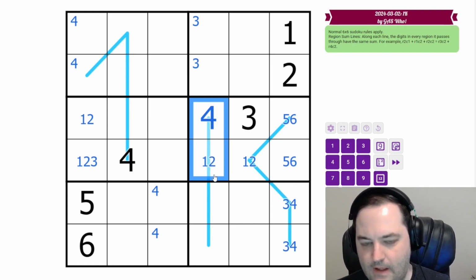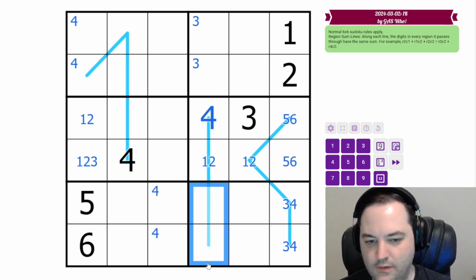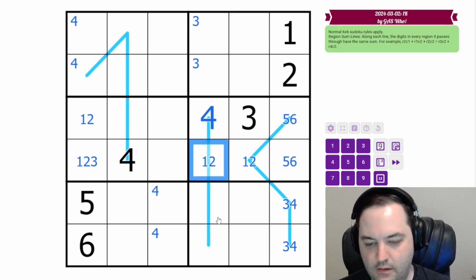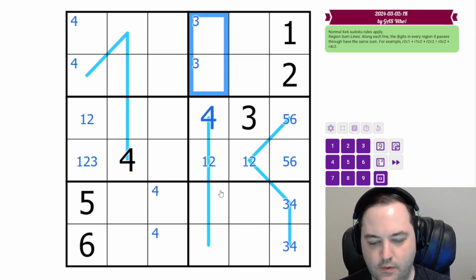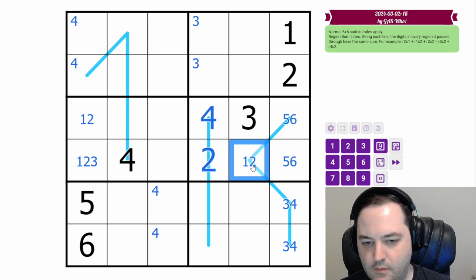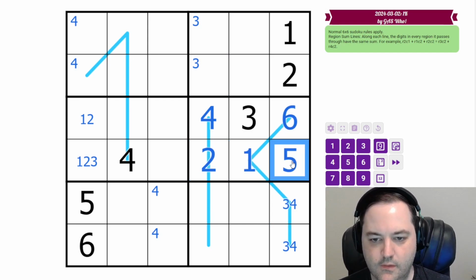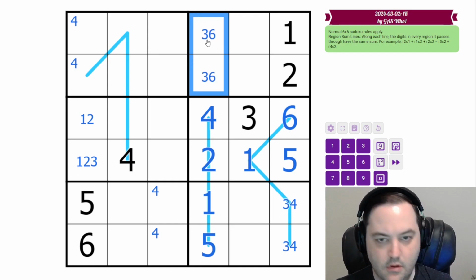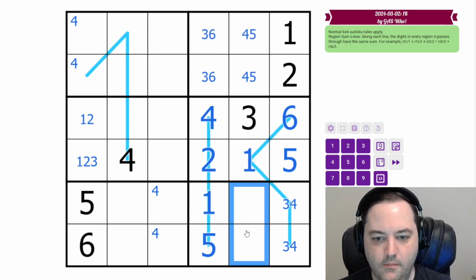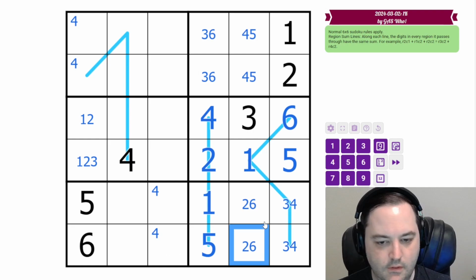If we had 5, 1, 4, this would have to be 2, 3, and we can't do that. We have a 3 in the box. This has to be 2, 1. This is 6 and a 5, 1 and a 5, 3 and a 6, 4 and a 5, 2 and 6. We know the order there.